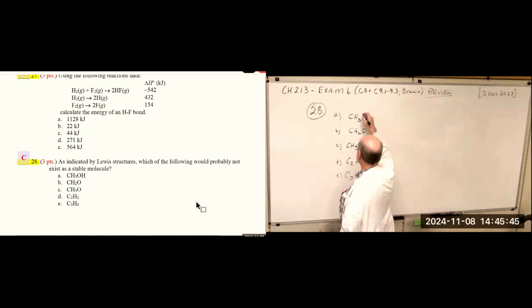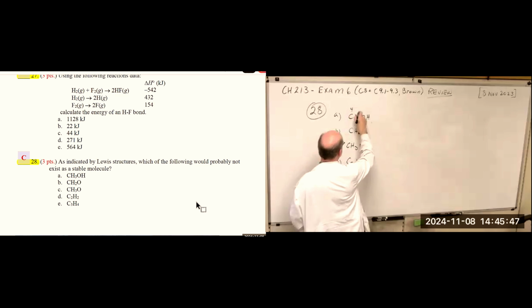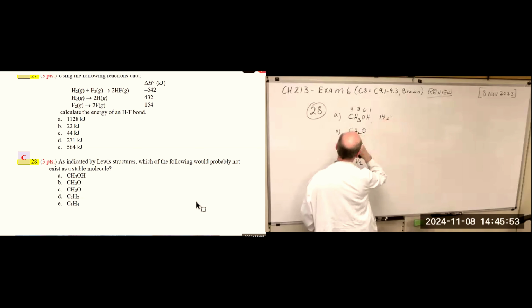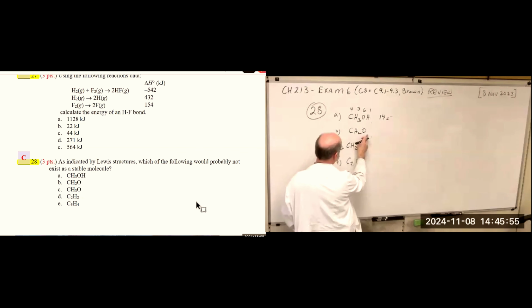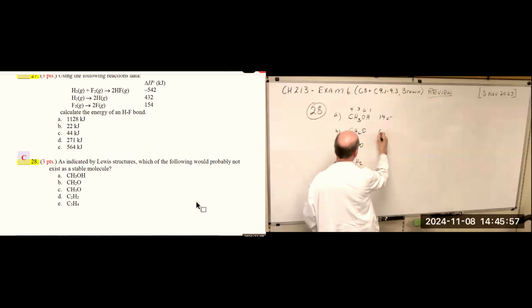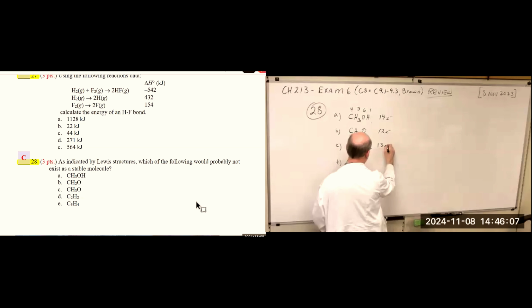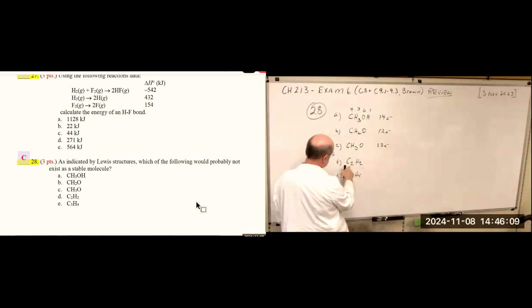All right. So if this is 4 and 3 times 1 and 6 and then another 1, we have 14 electrons. This will be 4 plus 6 is 10 plus 2 is 12. This would be 4 plus 3 is 7 and 6 is 13. And this would be 8, 9, 10.